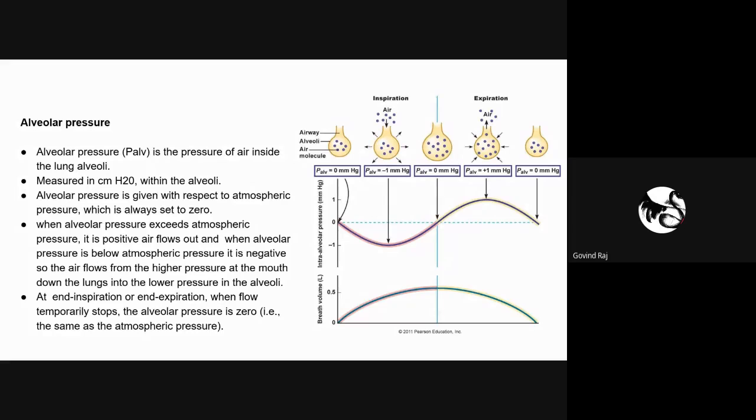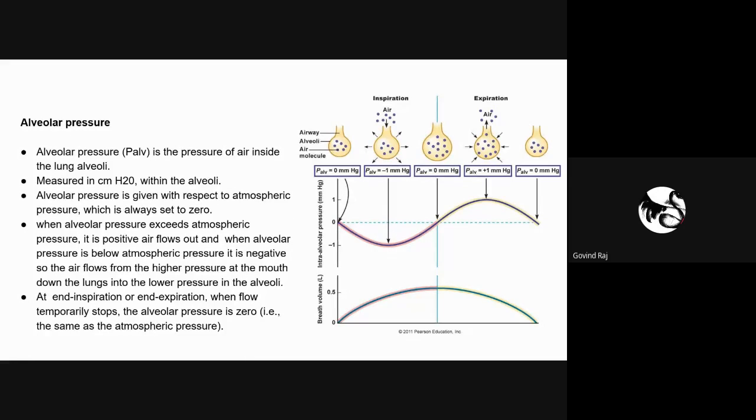So we take the alveolar pressure as 0, and when we inspire, the air inflow into the alveoli causes a depression in intraalveolar pressure.